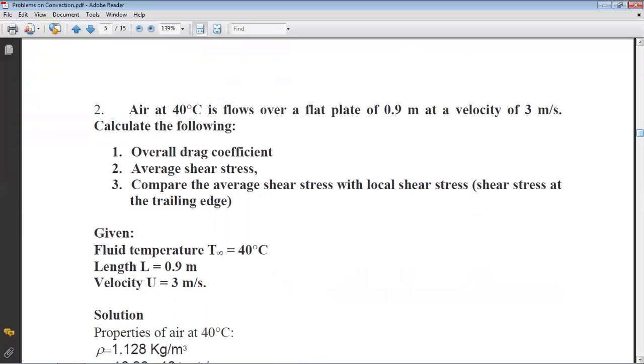Moving to the next problem. Air at 40 degrees Celsius is flowing over a flat plate of 0.9 meter at a velocity of 3 meter per second. You need to calculate the overall drag coefficient, the average shear stress, and compare the average shear stress with the local shear stress.